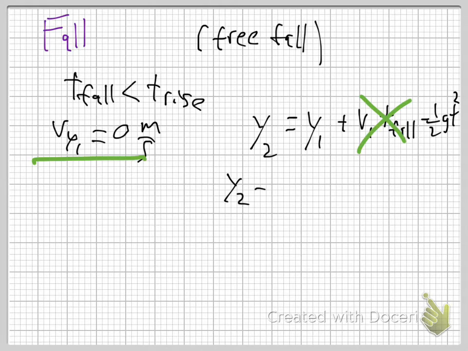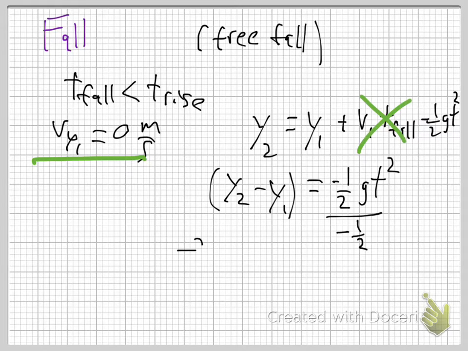So let's go ahead and subtract y1. We have our delta y over here, and this is equal to negative 1/2 g t squared. So let's go ahead and divide by minus 1/2. This is equal to g t squared. So divide by g.